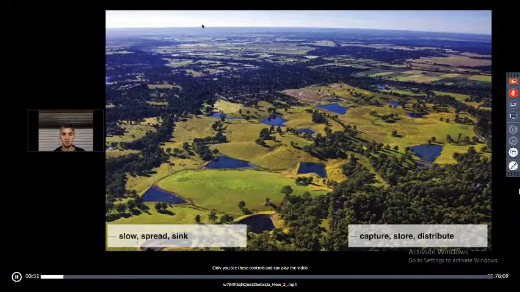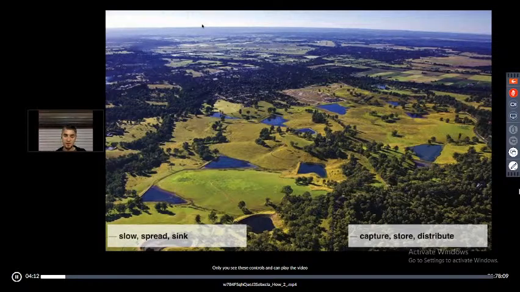We touched upon 2 main water strategies on a permaculture farm. The first one is to slow, spread, and sink the rainwater we get, to capture it by different types of earthworks, and then store it into the soil, because we said that soil is the cheapest storage that we can find on our farm.